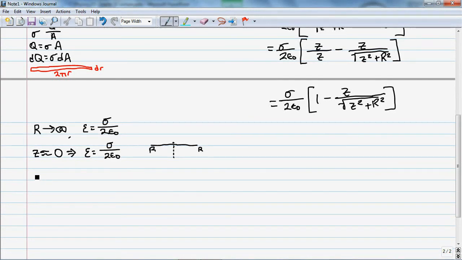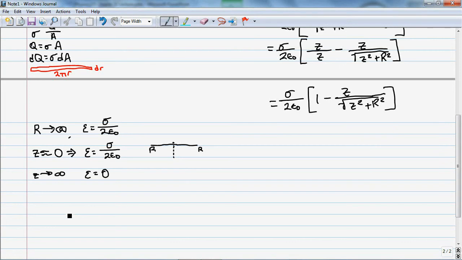Now, what happens if z goes to infinity? Well, if z goes to infinity, then it's much greater than r squared. So r squared is going to go away, and I get z over the square root of z squared. Well, that's just going to be z over z, which is 1. 1 minus 1 is 0. So that means that the electric field disappears.